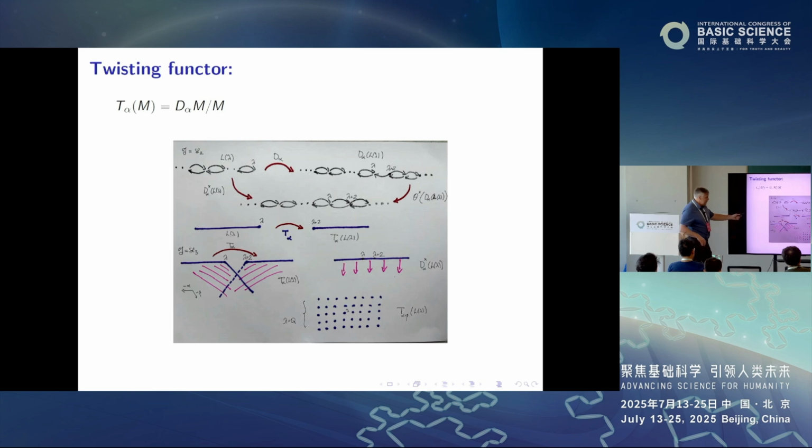But we don't do it, so T alpha is good enough for us. So let's look at the SL3 picture. This is a highest weight module with highest weight lambda. And then I have two simple roots, alpha and beta. This is the minus alpha direction, this is the minus beta direction. If I do T alpha, I will get this module. And you see I have a highest weight with respect to a different Borel.